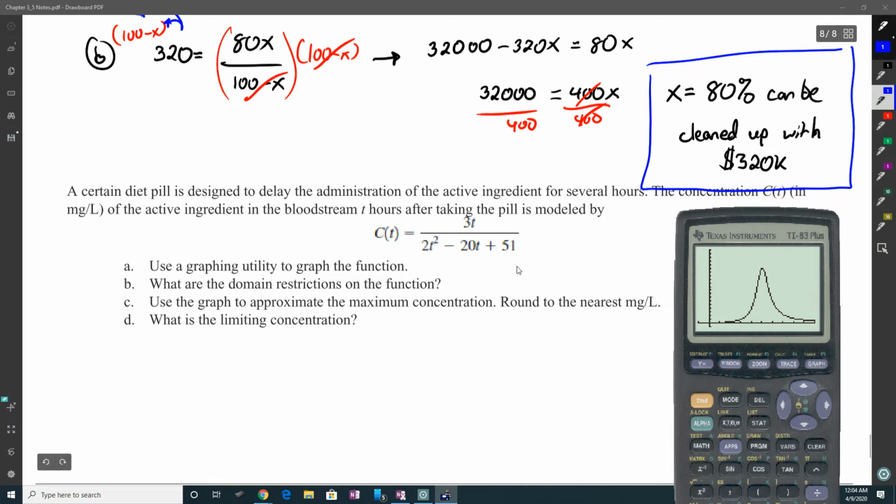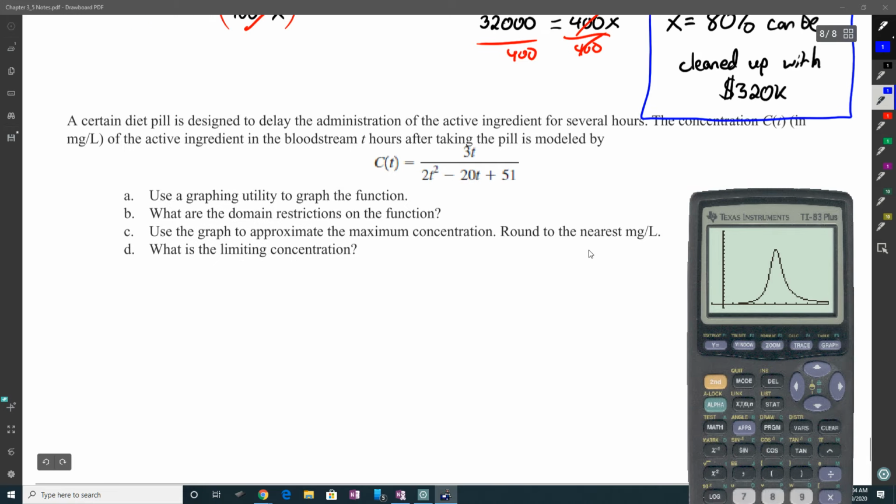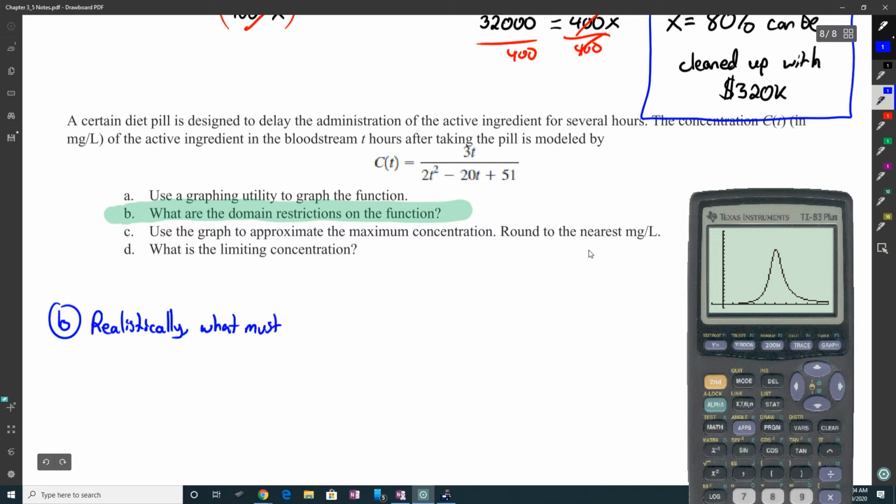What are the domain restrictions of the function? Okay, so for part B, they mean realistically, what must, in this case, t and c be?